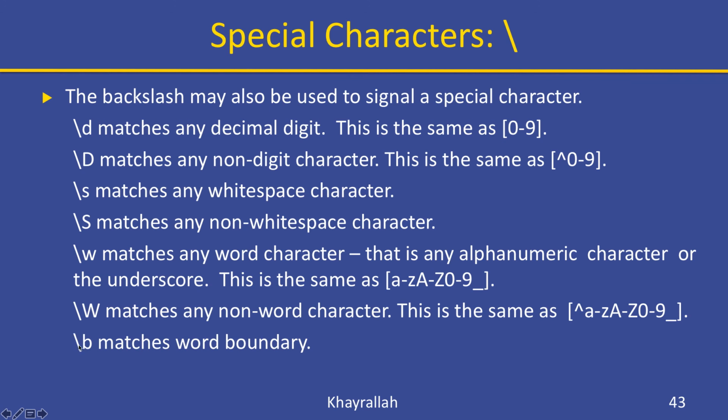And then backslash lowercase b means match word boundary. And this is a very useful special character because word boundary includes not just all the space characters, it also includes punctuation. So it's very useful in identifying words.